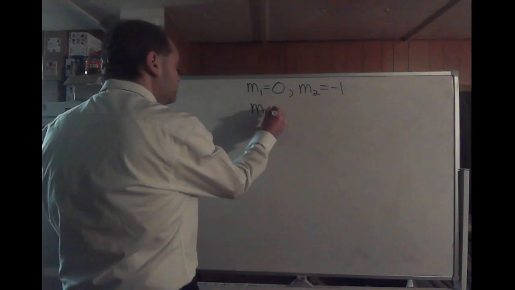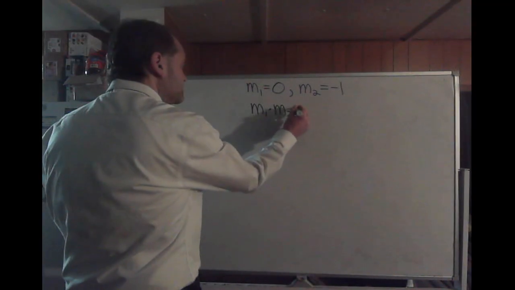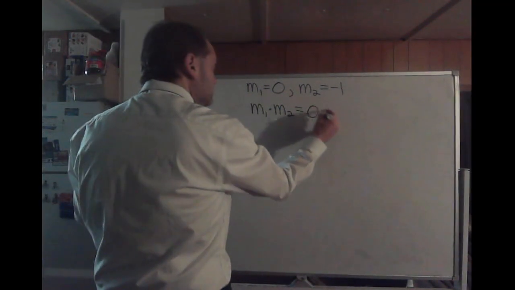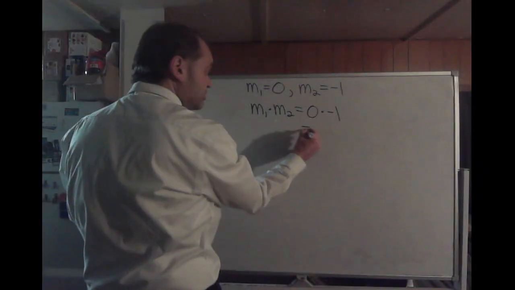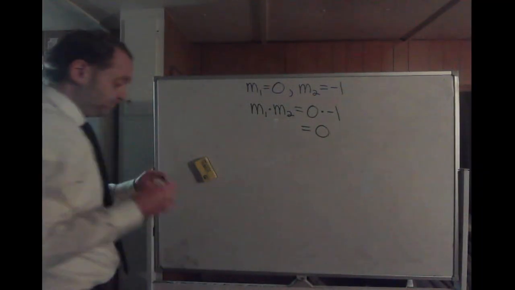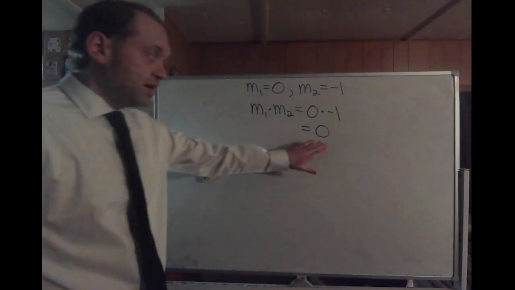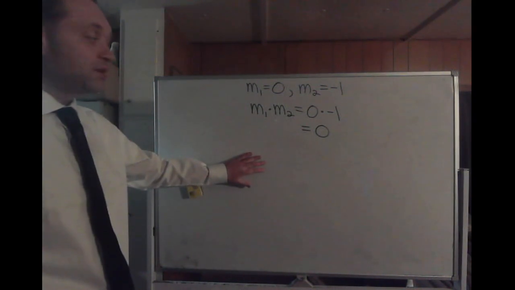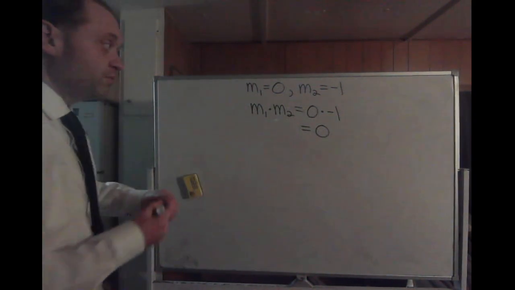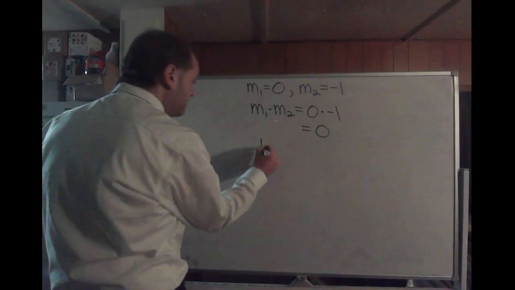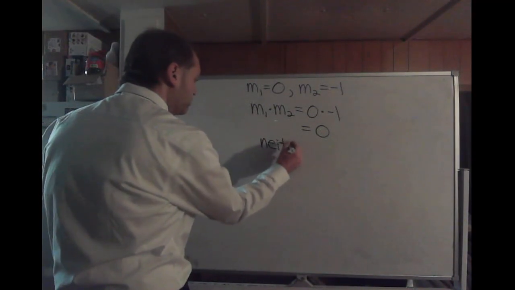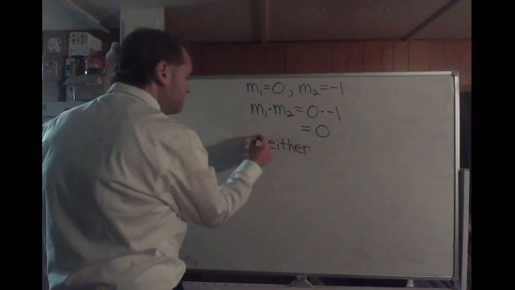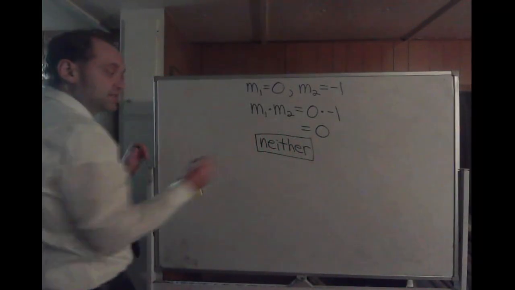So if they're not equal, multiply the two slopes, which would give you 0 times negative 1, which just gives you a product of 0. Well, they're definitely not equal, so they can't be parallel. You don't get a product of negative 1 for the two slopes, so they are neither parallel nor perpendicular. They just generally intersect somewhere.